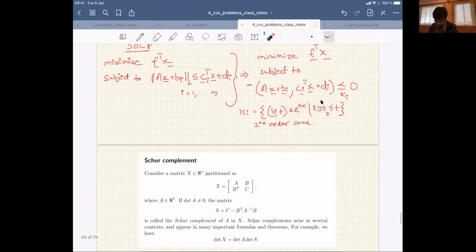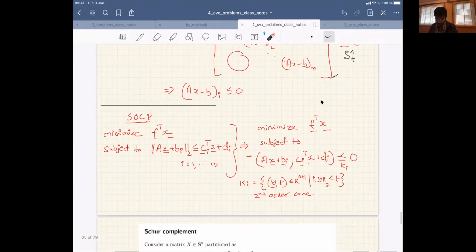One interesting thing before going into the detail: this is also a conic form problem. Why? Because it is minimizing f transpose x subject to a conic constraint. When you saw what a second order cone was, it was in this form, (x, t) such that the norm is at most t.